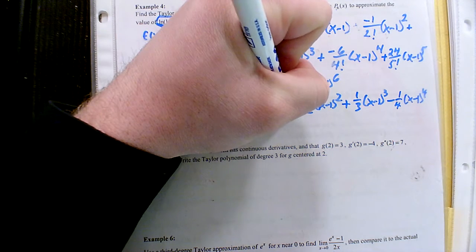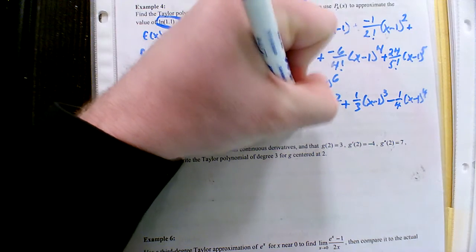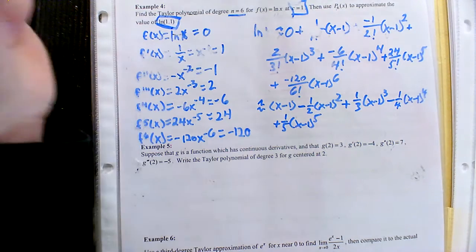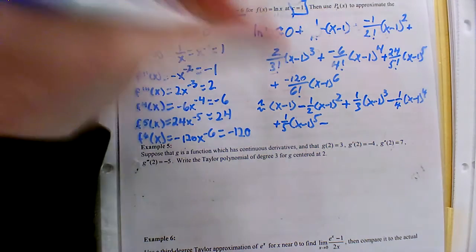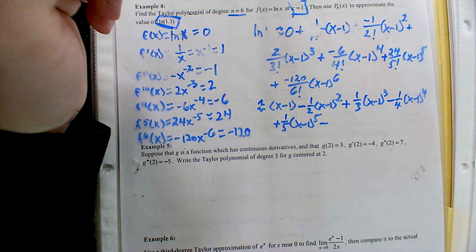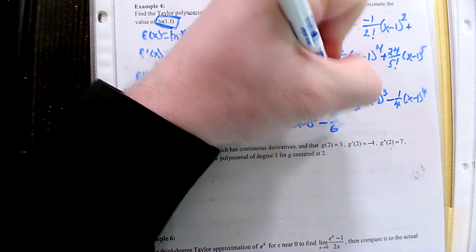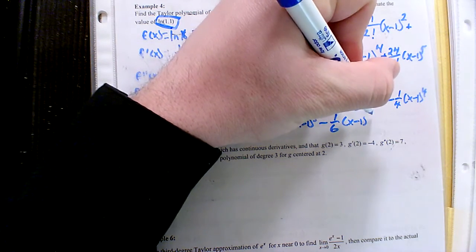Pay close attention to your problem. Do you see something that's happening? X minus 1 to the 5th. Okay, let's go to the next term. We know it's going to be minus. What's that going to reduce to? 1/6. Yeah, look at the pattern that's happening. 1/6. Yep.